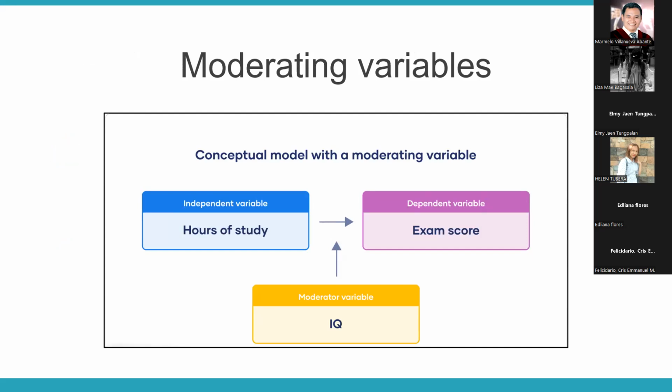Kanina, ang gusto lang natin pag-aralan is the more you prepare, the higher your score will be, which is the independent variable and the dependent variable. But now, naglagay na tayo ng moderator variable, which is the IQ. So, we expect that the IQ moderator moderates the effect that the number of study hours has on the exam score.